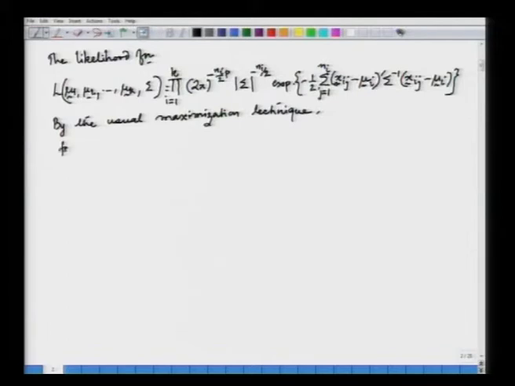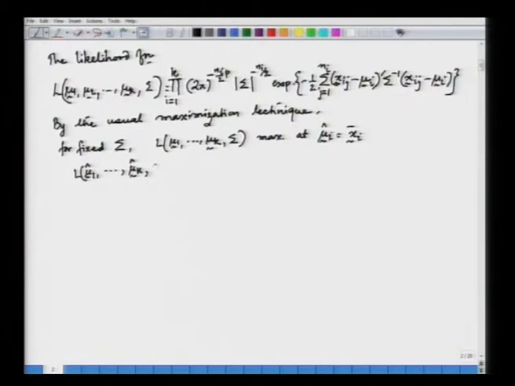Fix sigma, we have L of mu1 to mu k, sigma maximized when mu i hat is x i bar, and then plugging in these estimated values of mu i's, we have L of mu1 hat to mu k hat, and then sigma, and this is now nothing but 2 pi raised to the power, well, we will do something here.